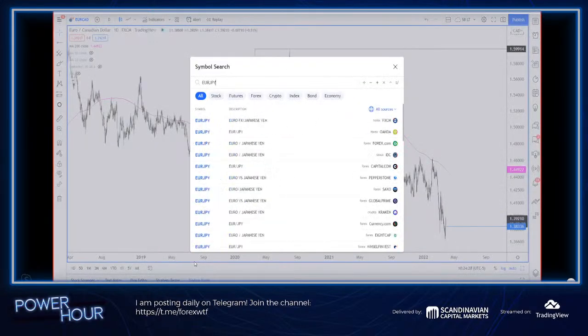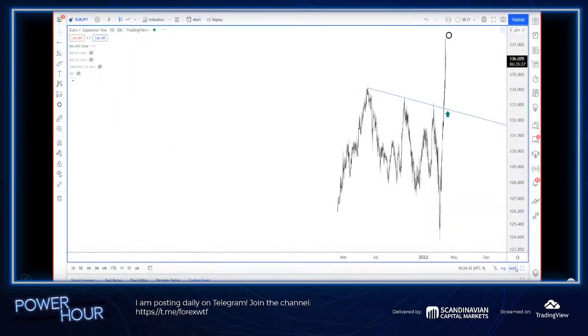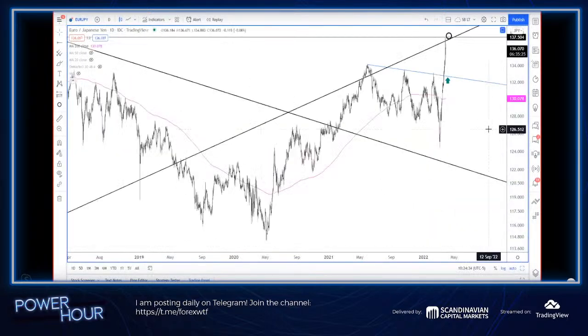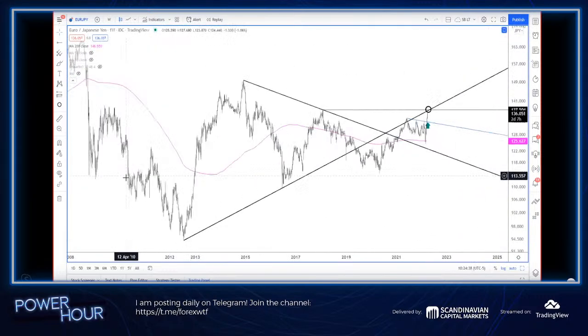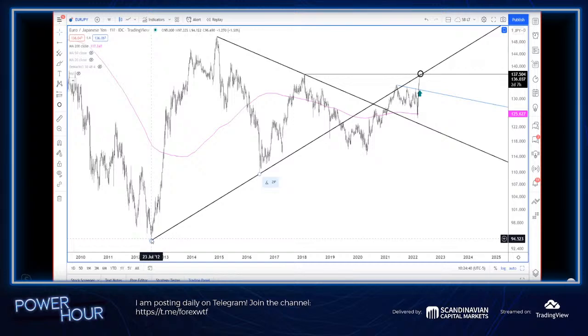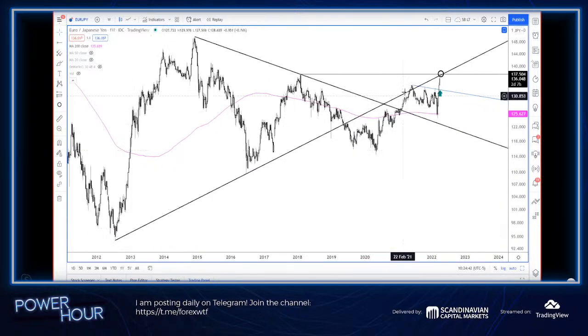So I'll go to Euro Yen first. Euro Yen, we nailed a big spot. We'll go to this weekly chart here. Big spot, right? 10-year trend line. We nailed it. We took out the high from, what's that, 2018.